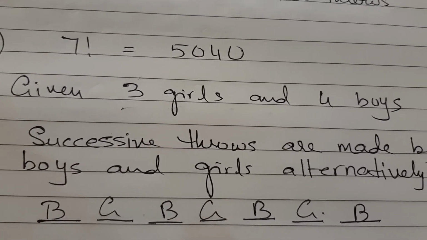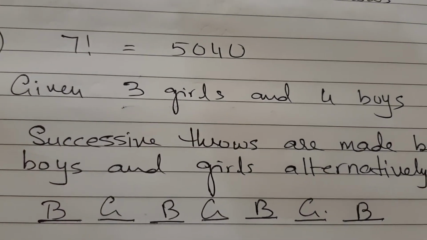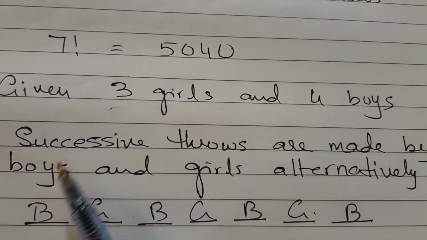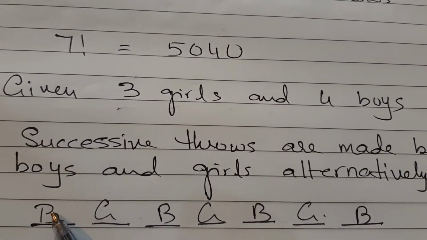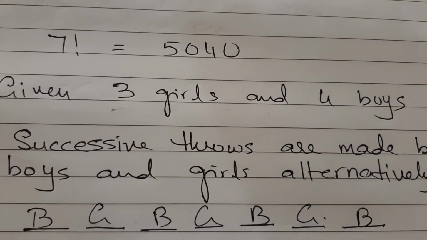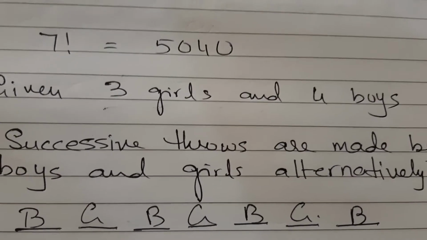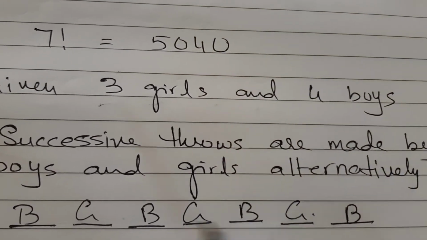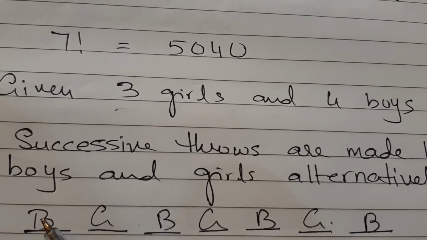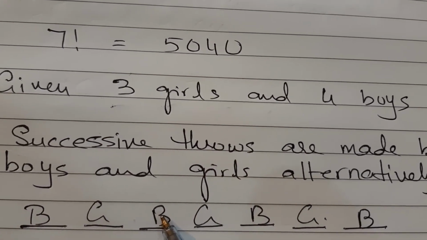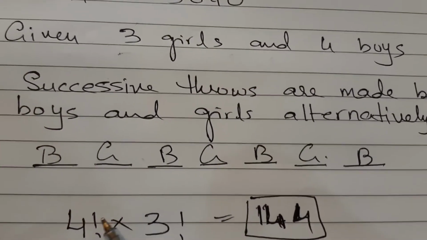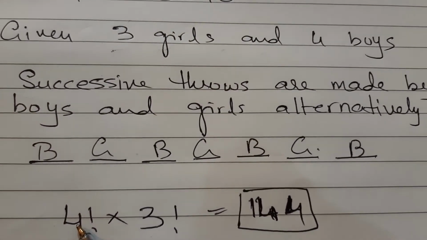So before I show you the solution, I have shown you this visual understanding of it. Basically these positions, first, third, fifth and 7th, will be taken by boys. So positions are fixed, but which boy comes here out of 4? Now 1 boy has thrown, so here 3 are left, then 2, then 1. So for boys I can write 4 factorial.